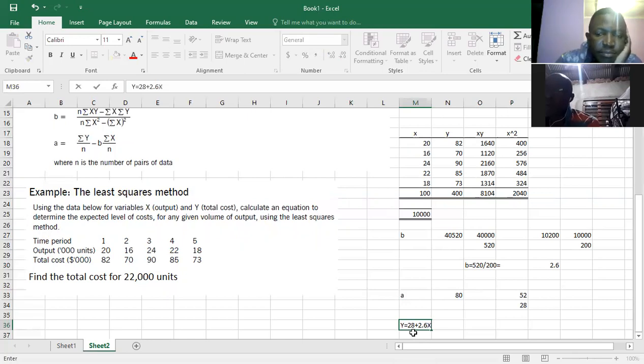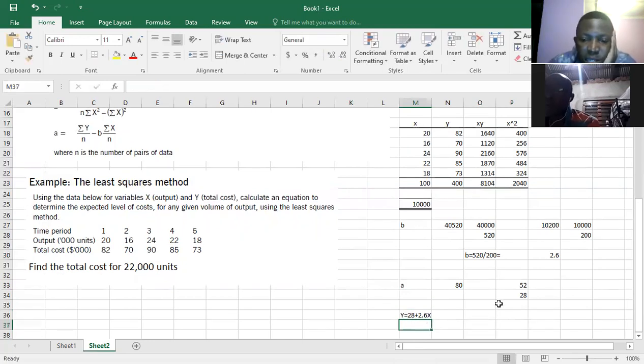Okay. So when they say find the equation of the least squares regression line, this is the equation: Y equals 28 plus 2.6x. Now, you need to watch out.